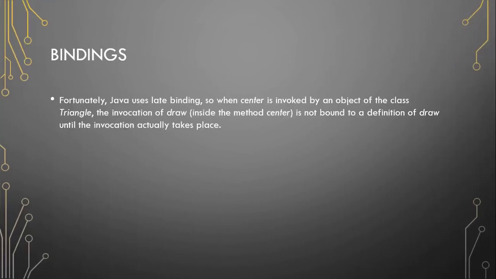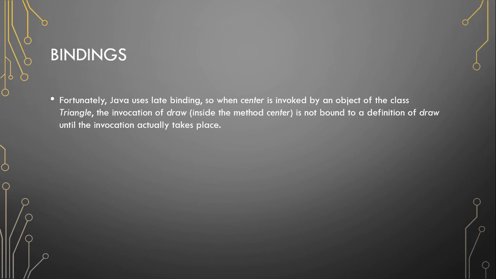Fortunately for us, Java uses late binding. So when center is invoked by an object of the class triangle, an invocation of draw, which is inside the method center, is not bound to a definition of draw until the invocation actually takes place. This is pretty key here because, like we said, if we did it the other way around, it wouldn't be so beneficial.